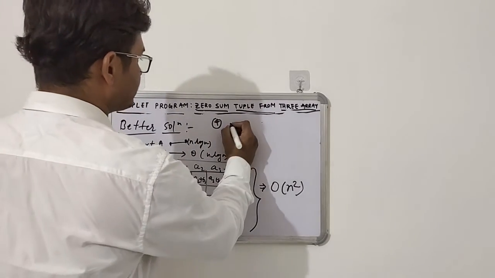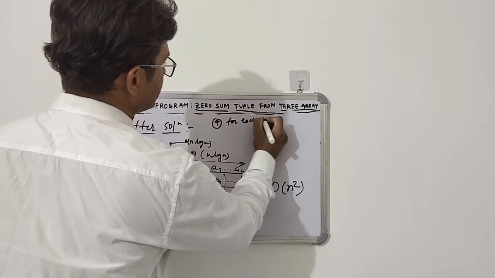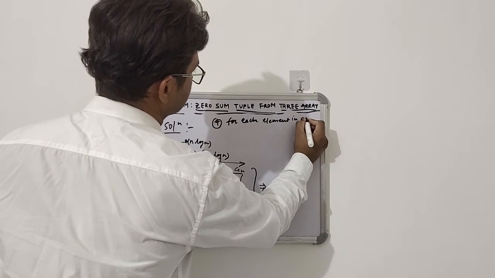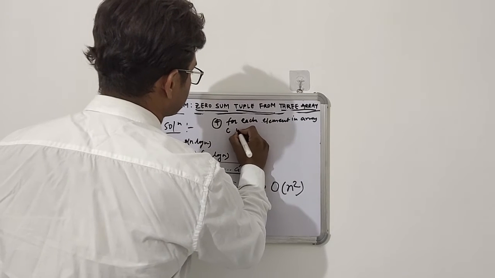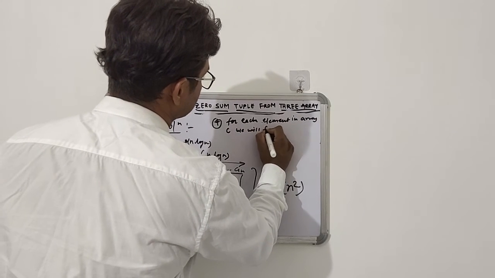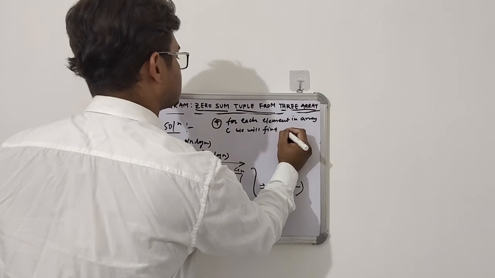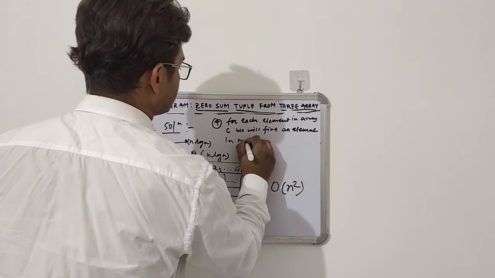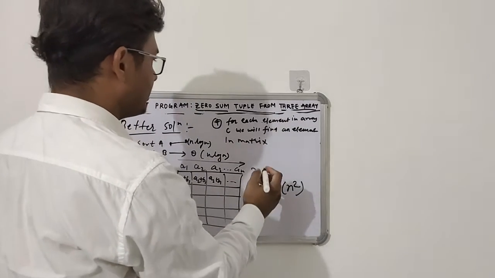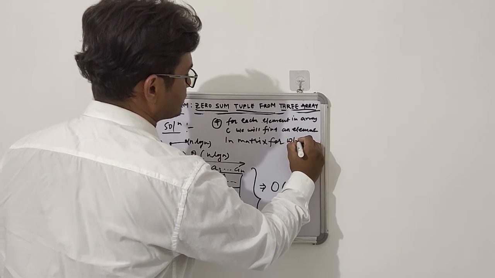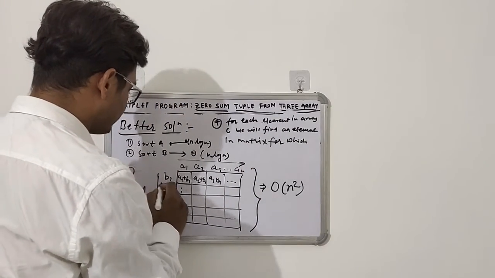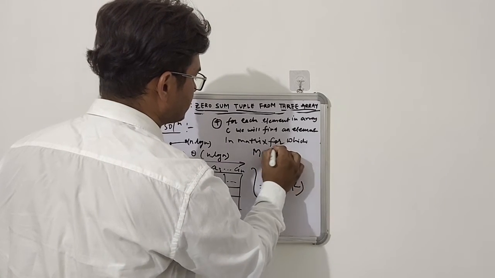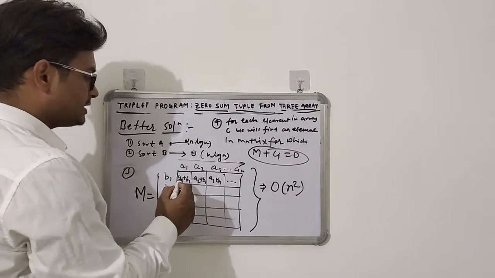My fourth step is, for each element in array C, we will find an element in matrix, suppose we denote the matrix as M, for which M plus Ci equals 0, meaning the sum will be 0. Okay, now we will start from here.